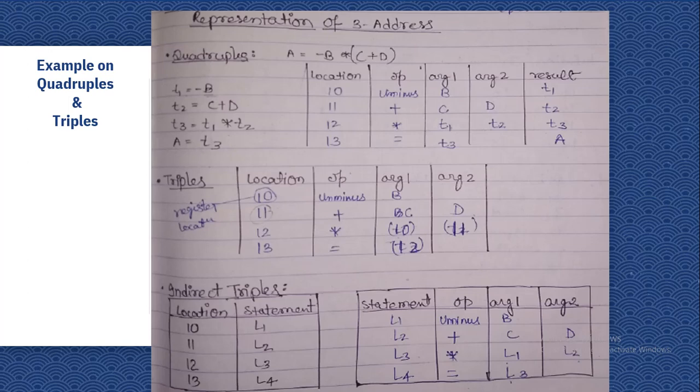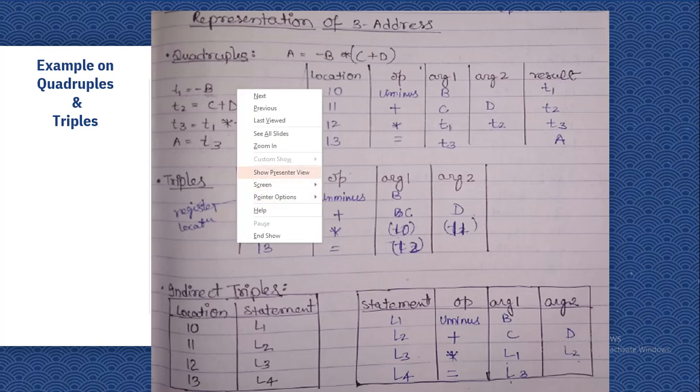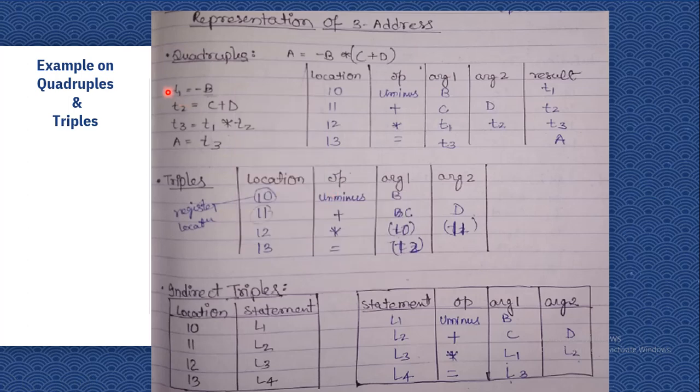If any expression is in the form of a unary operator, it will also be in three address mode. So we are converting this expression into three address code: t1 equal minus b, then t2 equal c plus d, t3 equal t1 cross t2, and the result of this expression will be stored in a.